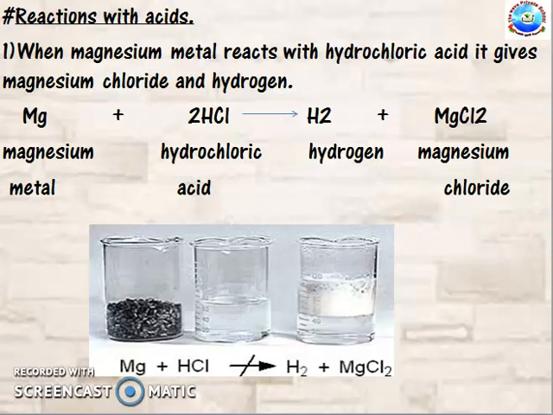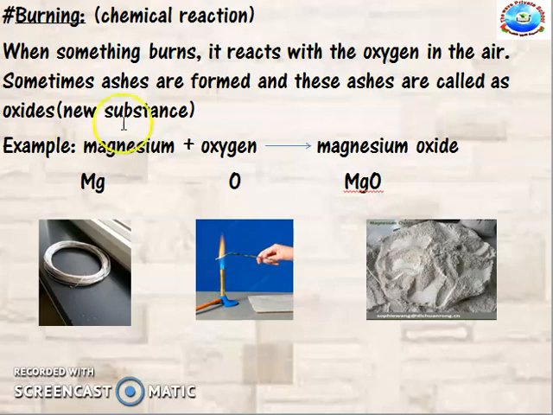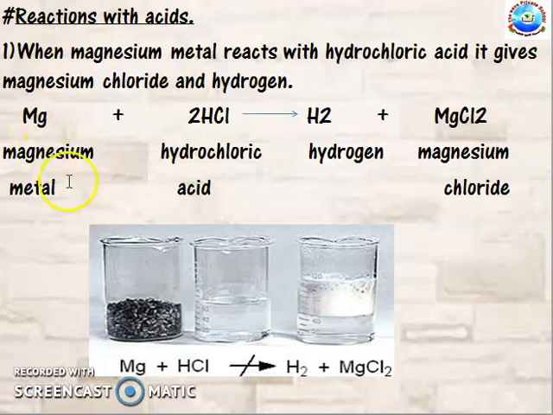So we saw the reaction with magnesium burning. Now we will see magnesium with acid. What happens when magnesium metal reacts with hydrochloric acid?